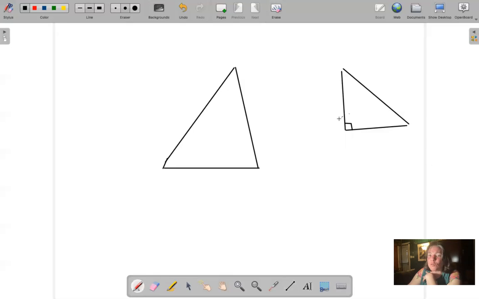If you have a right triangle, then absolutely, positively, every single time, A squared plus B squared equals C squared. You can do it with numbers with decimals.